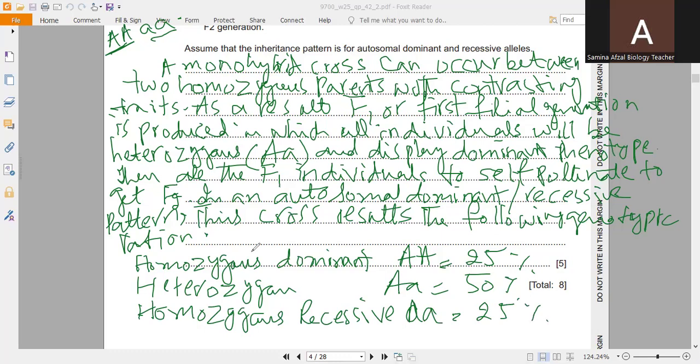Or in other words, we can say that the ratio can be 3:1 because heterozygous condition is also displaying the dominant trait. So the ratio can be 3:1.